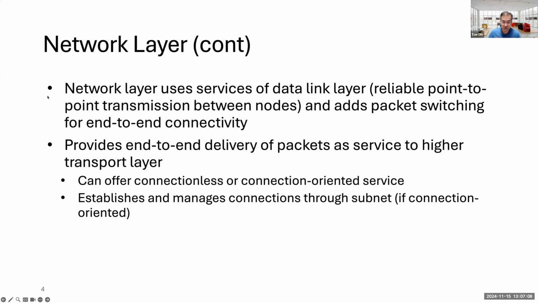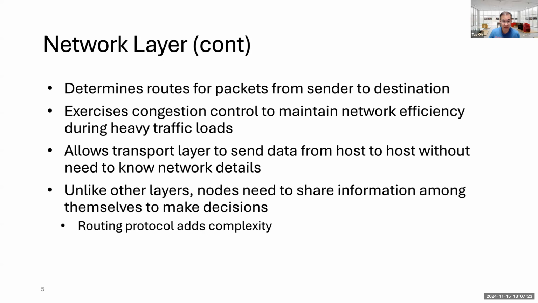The network layer provides end-to-end delivery of packets as a service to the higher transport layer. It can offer connectionless or connection-oriented services and establish and manage connections through subnets. Okay. So it determines the route of a packet from sender to destination, beginning to end.